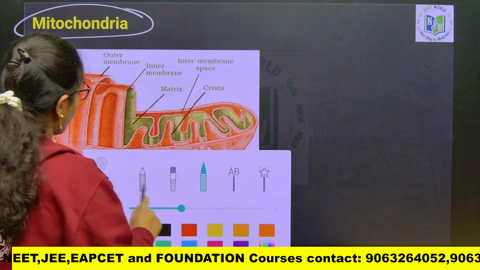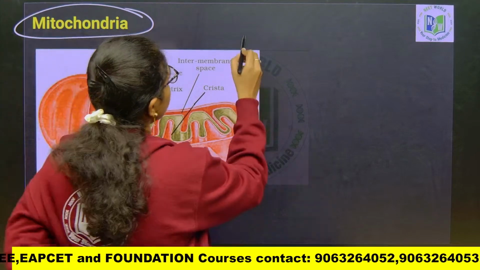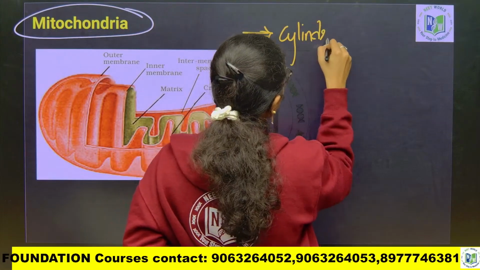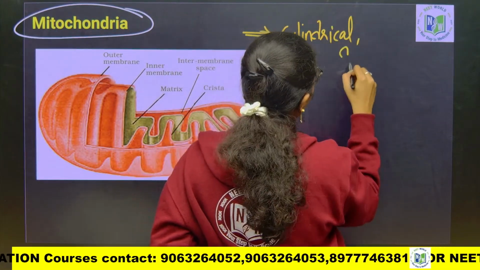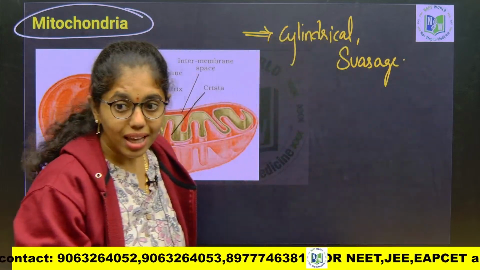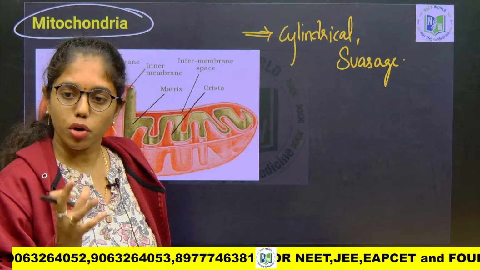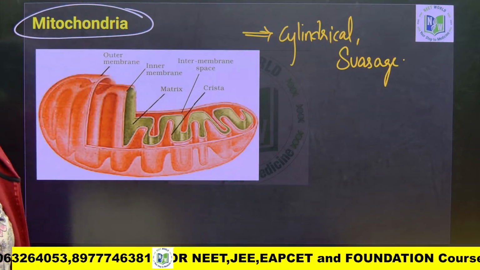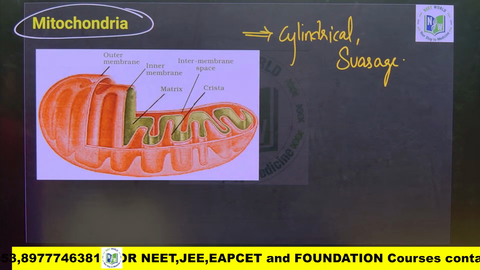What is the shape of mitochondria? Cylindrical or sausage shaped structure. This mitochondria is of course double membrane bound, that you know. First, let us look into the approximate diameter and length of the mitochondria.